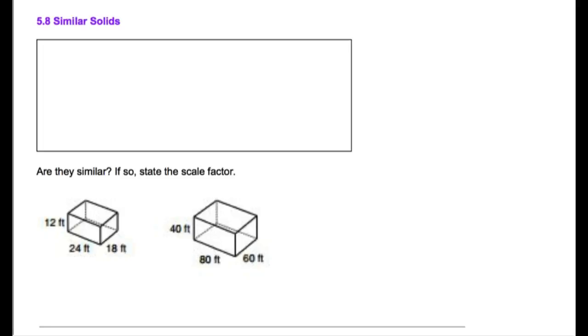We already talked about how similar figures have all corresponding sides and angles in proportion. Well, 2 solids are similar.